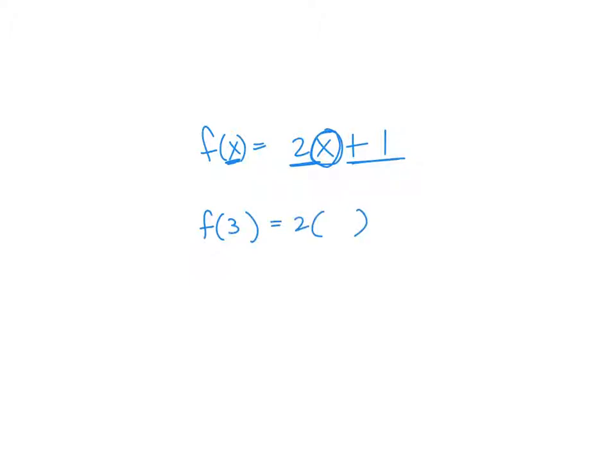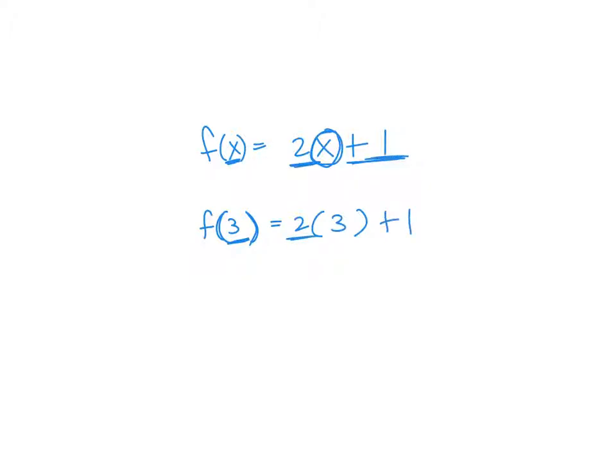Let me talk to you about functions for a moment. If I have f of x equals 2x plus 1, this means whatever you plug in, your input, multiply by 2 and then add 1. So if my input is 3, I'm going to multiply by 2 and add 1.